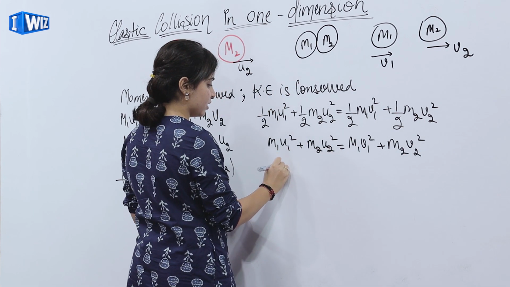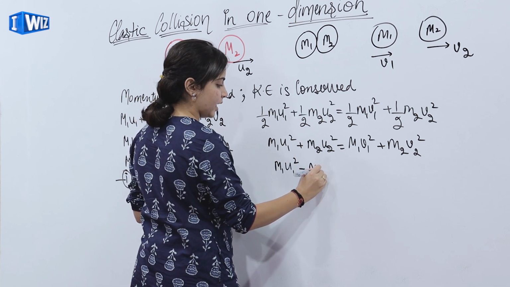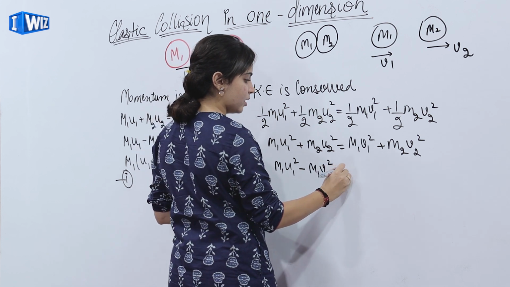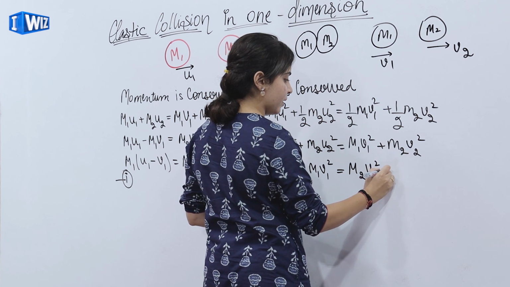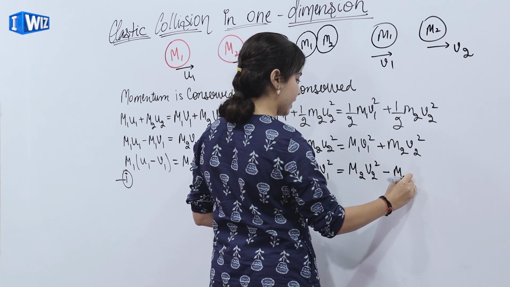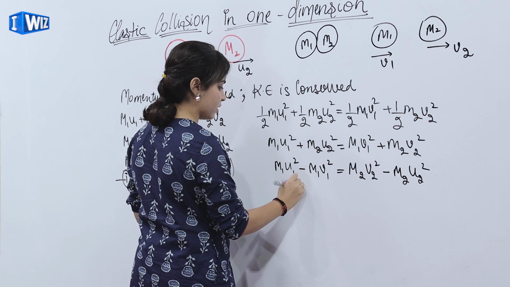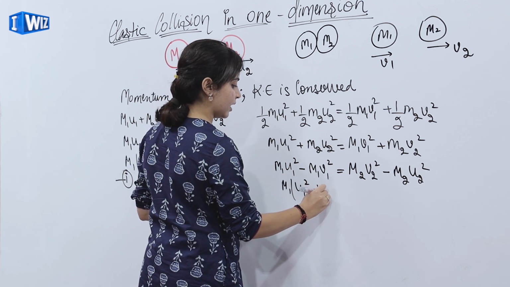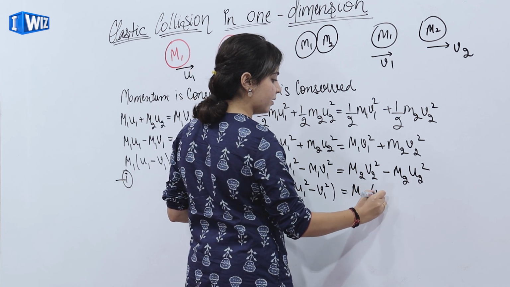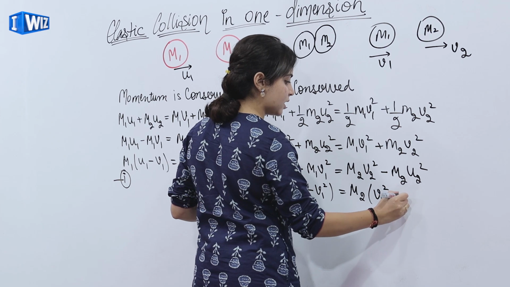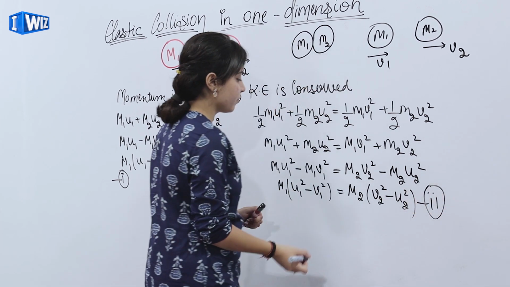Again rearranging, m1 u1 square minus m1 v1 square is equal to m2 v2 square minus m2 u2 square. m1 common, u1 square minus v1 square is equal to m2 common, v2 square minus u2 square. So this is equation 2.